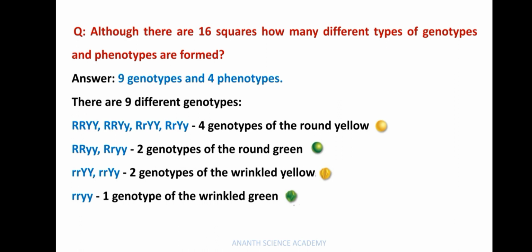Capital R capital R small y small y and capital R small r small y small y. These 2 genotypes produce round and green seeds. Small r small r capital Y capital Y and small r small r capital Y small y. These 2 genotypes produce wrinkled yellow seeds. Small r small r small y small y. This genotype produces wrinkled green seeds. Therefore, 9 genotypes and 4 phenotypes.